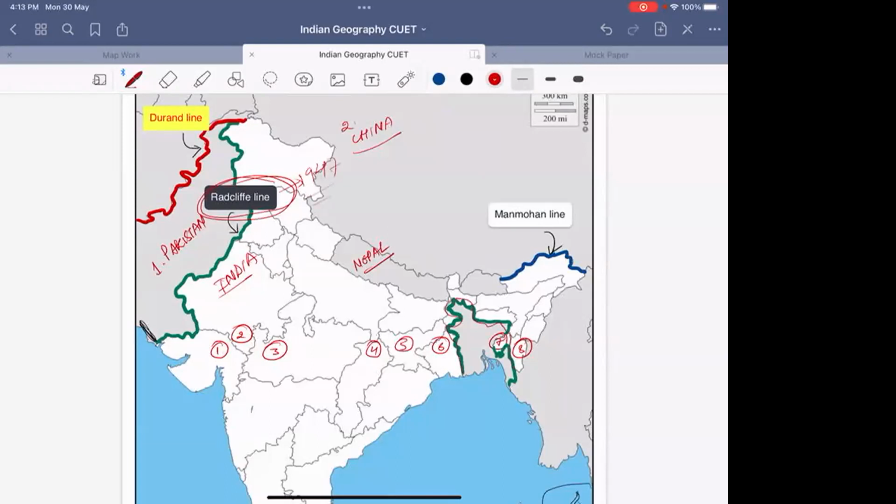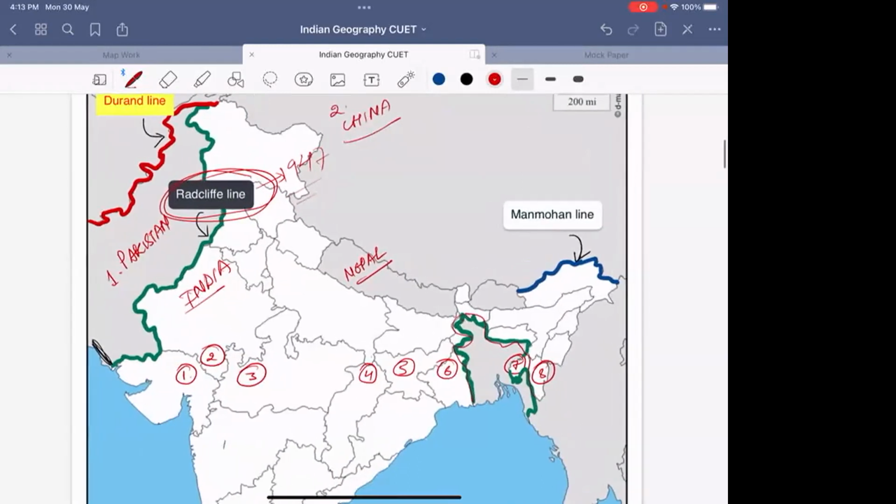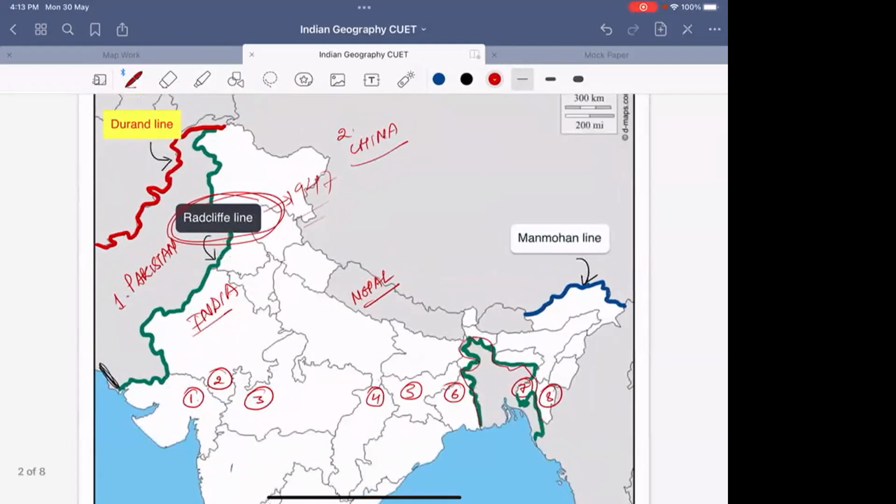Moving on, the second one is China. The line that divides China and India is the McMahon line. This area that you can see is the Tibetan region.